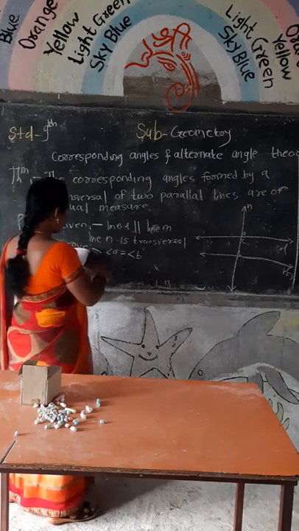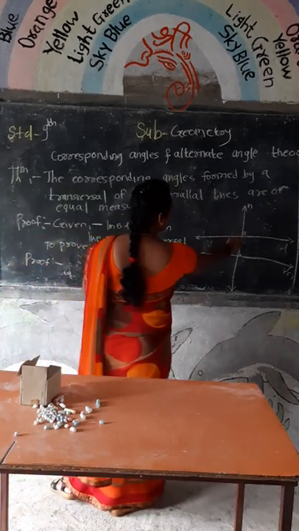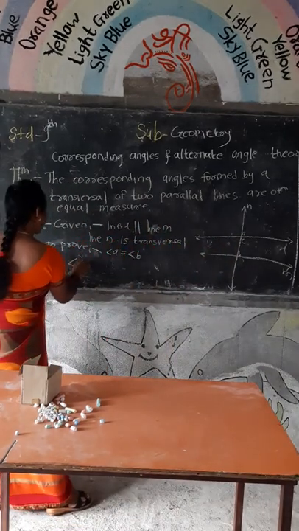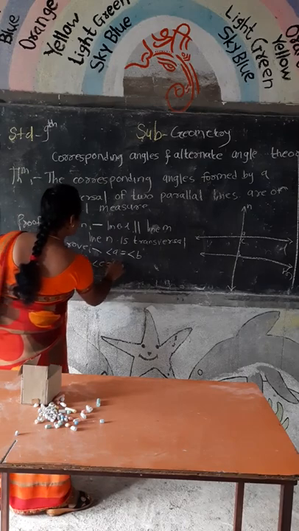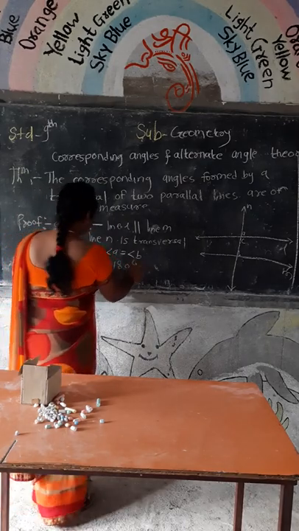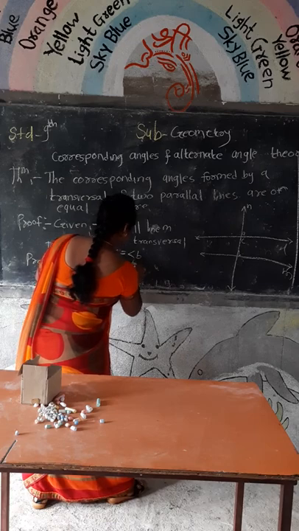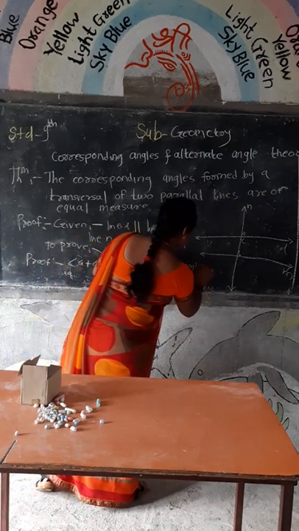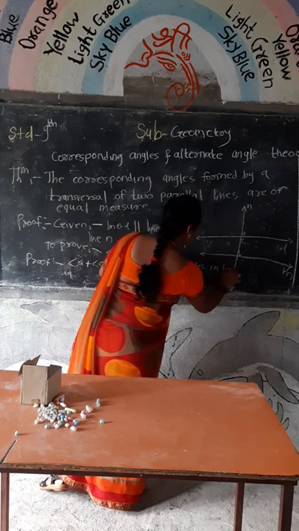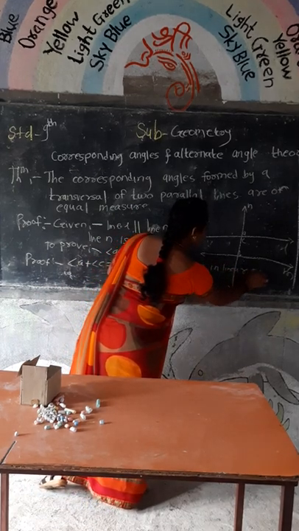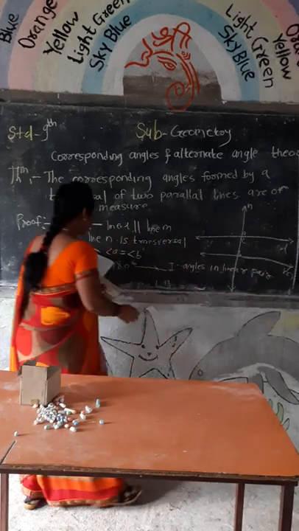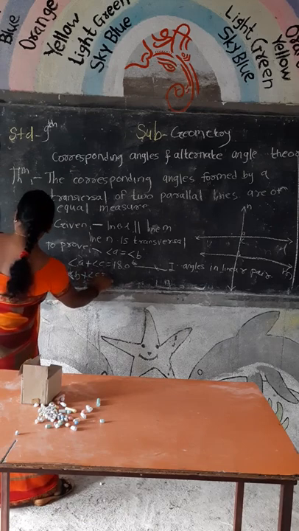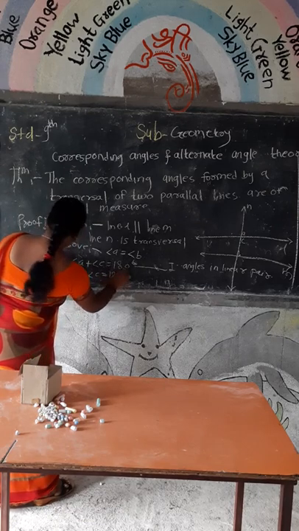Angle A plus angle C is equal to 180 degrees. This is equation number 1, reason: angles in a linear pair. Then the second one is angle B plus angle C is equal to 180 degrees.